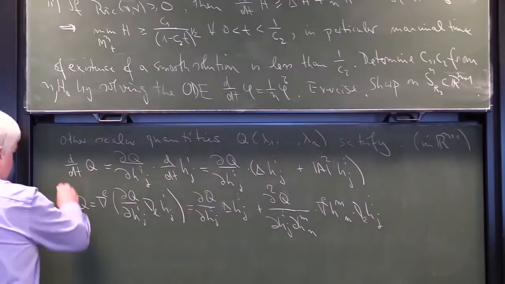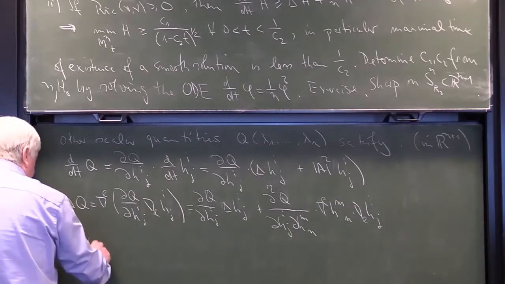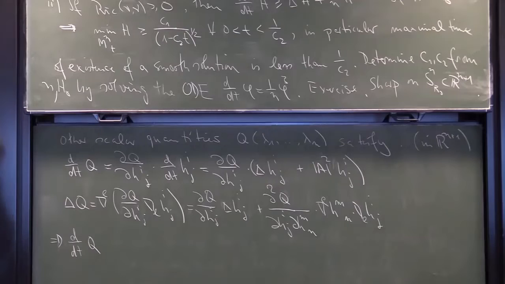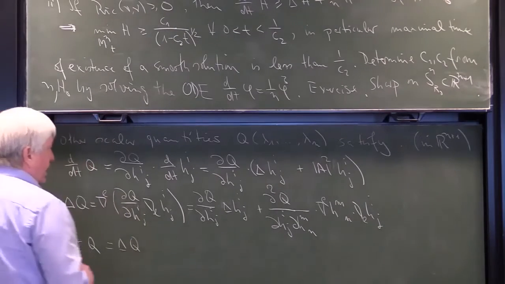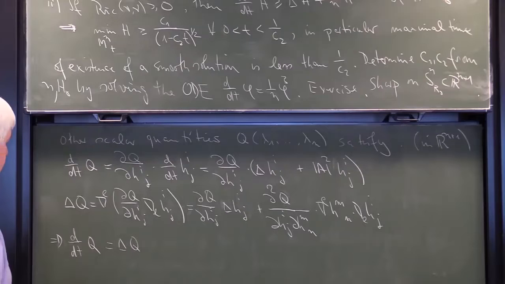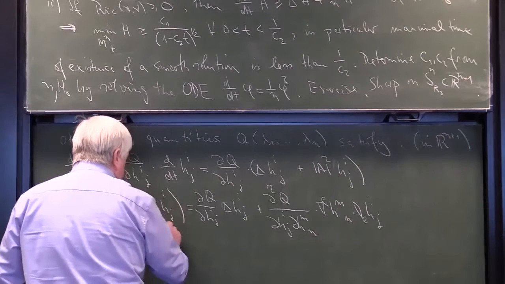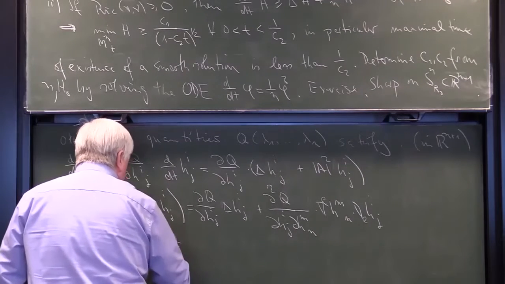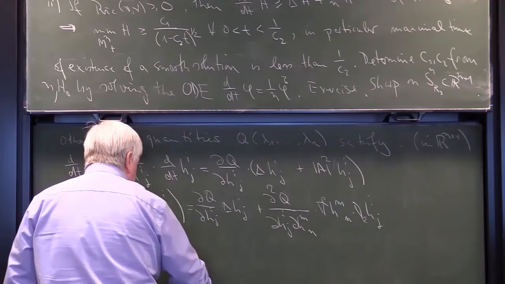And this lets us write the evolution equation for any scalar quantity Q like Laplacian Q on the right-hand side, and then adjust it for this term minus the Hessian of Q with respect to the second fundamental form.